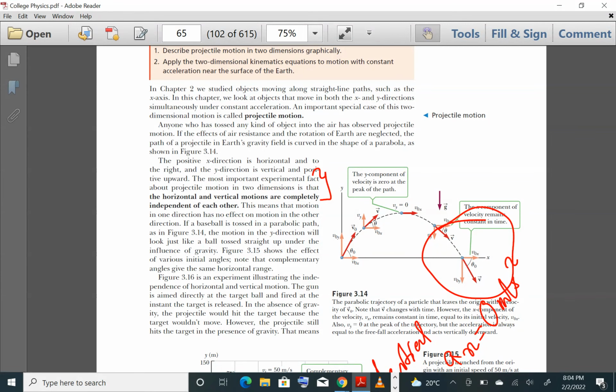That's the motion this object is going to take. So when it's thrown, there's a horizontal component and a vertical component. Those are the ones in orange, and then there is the red, which is the resultant.